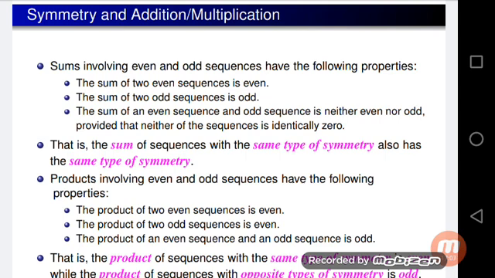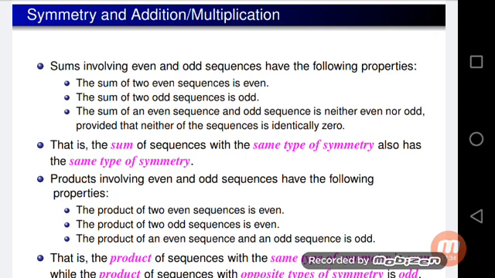Next, products involving even and odd sequences have the following properties. The product of two even sequences is even. The product of two odd sequences is even.